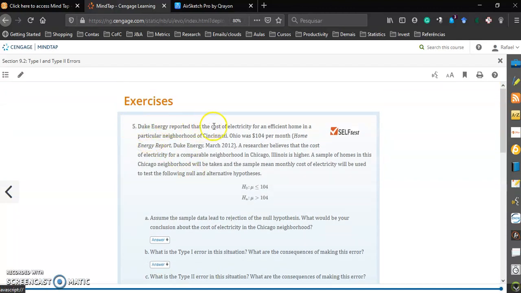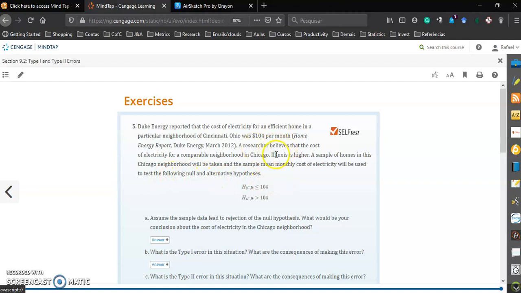Duke Energy reported the cost of electricity for an efficient home in a particular neighborhood of Cincinnati, Ohio, was $104 per month. A researcher believes that the cost is higher. So a sample of homes in this neighborhood will be taken, and sample mean monthly cost of electricity will be used to test the following null and alternative hypotheses.